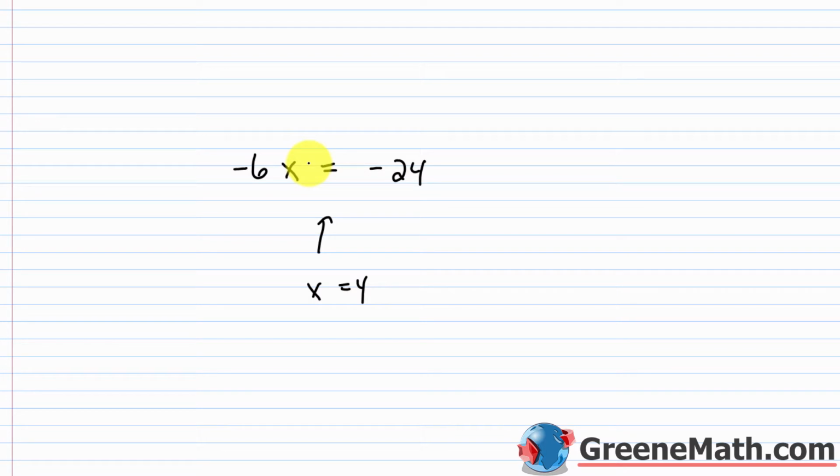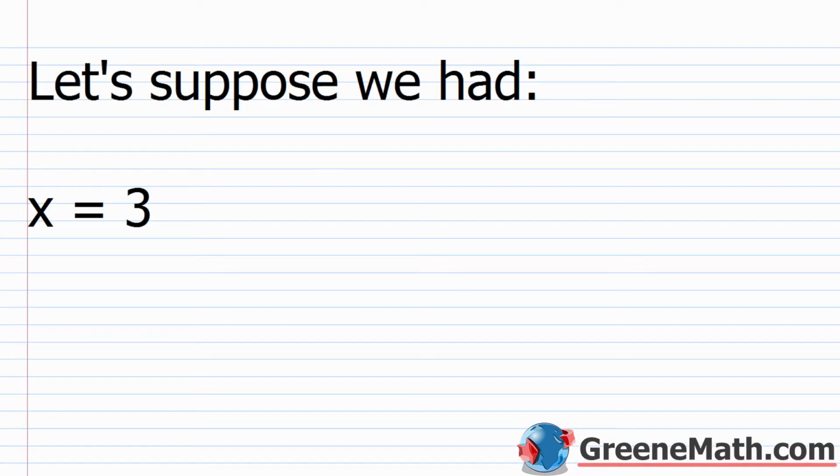With the squaring property of equality, this is not always going to be true. So let's suppose we had x equals 3. Very, very simple. I know that if I replace x with 3, I get a true statement. But let's say I square both sides of this. So x becomes squared and 3 becomes squared. So now I have x squared equals 9.